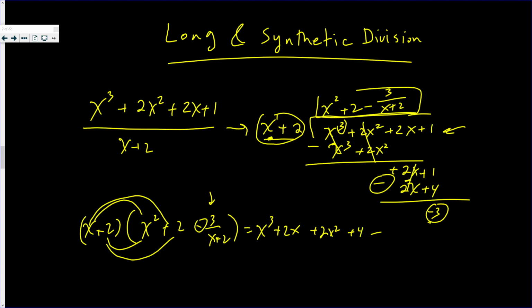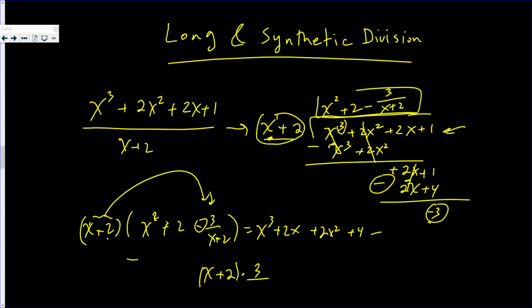Now, it's much friendlier to multiply the whole x plus 2, not just part of it, by that last term. x plus 2 times 3 over x plus 2 is just 3, because that cancels out. Minus 3.